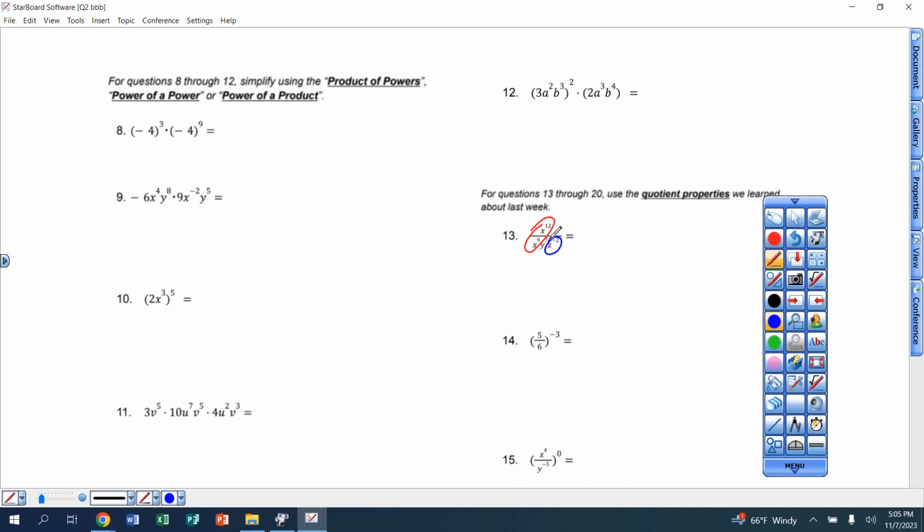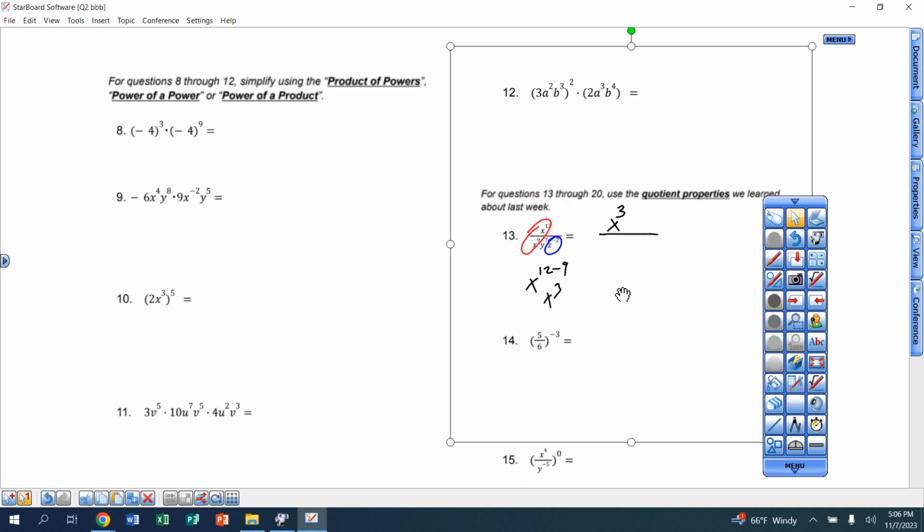So what you do on this one is maybe do the x's first, because that would give you x to the 12 minus 9, x to the third power, right? I got that by doing 12 minus 9. Okay. Wait, why would you minus though? Because anytime you're doing division, you're subtracting.